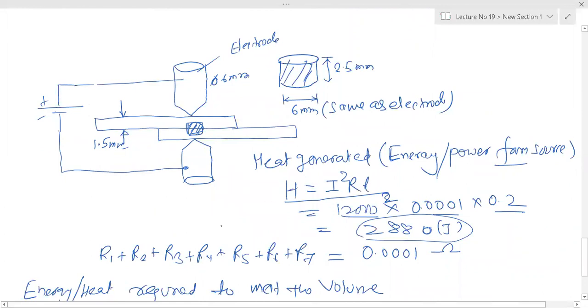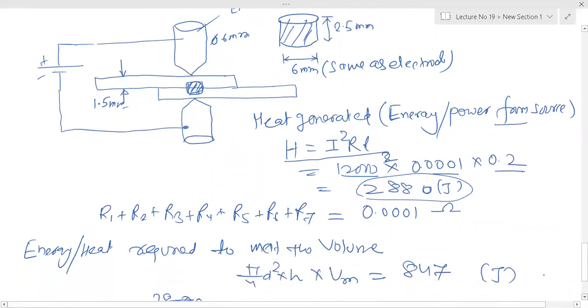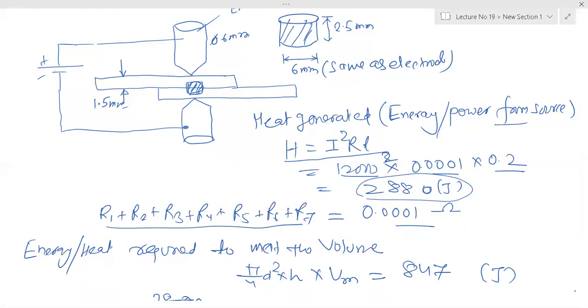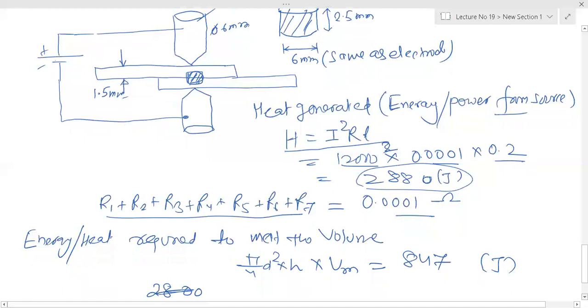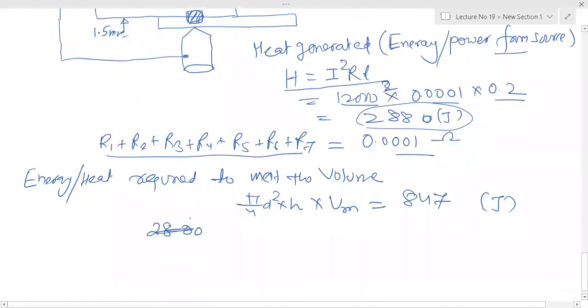Here the sum of all resistance is given to you. They have not given it individually, but in some problems they will give you different resistances for the electrodes individually, and then you have to add them. So the energy required to melt the volume is the volume times the unit melting energy.